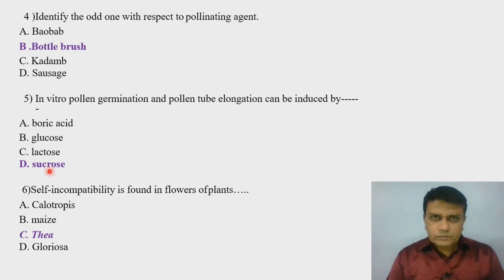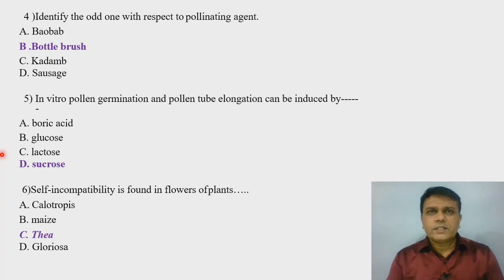So you know that after pollination, the pollen grains are transferred to the surface of the stigma of the gynoecium, and this stigma secretes sugary substance which is used by the pollen grain for its germination and formation of pollen tube.